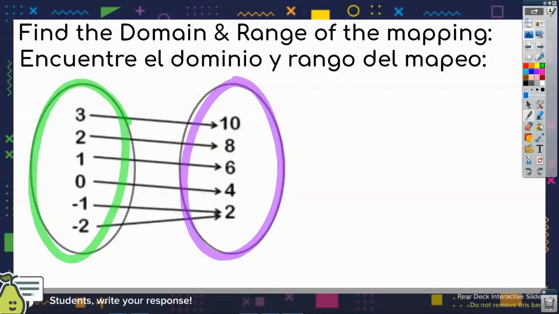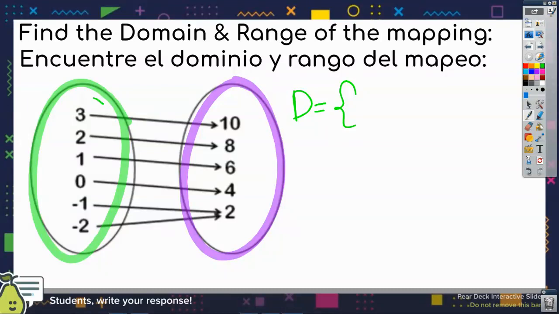Let's do this. So, domain, we have D equals parentheses. Give me a second, guys. All right, we're good.